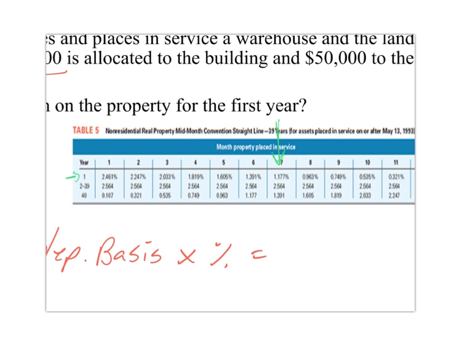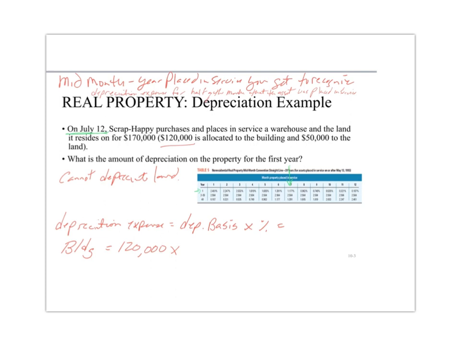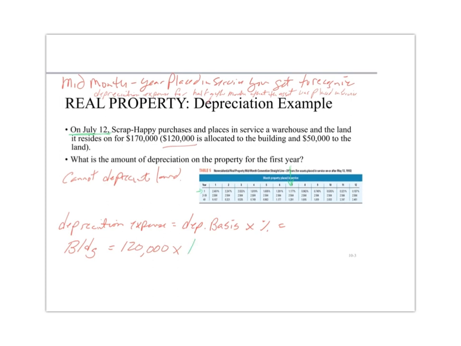So our percentage is 1.177%. Whoops, I read it off and then I said it wrong: 1.177%. And we do the multiplication on that, and that gives us $1,412. That is our depreciation expense for year one.